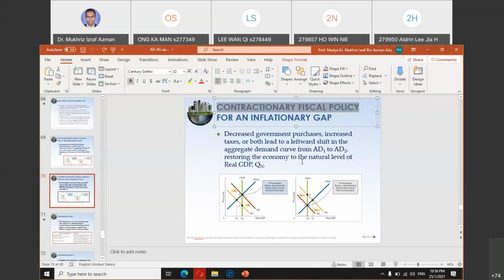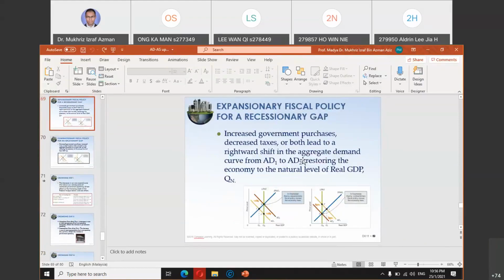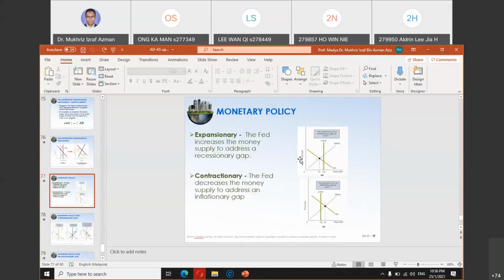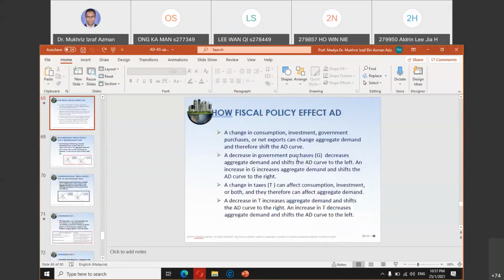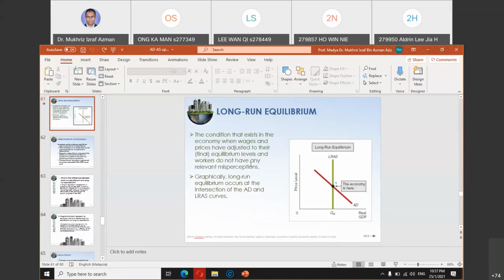So what else? Most of the questions from the last chapter have to do with why the short run supply curve can shift to the right or to the left, and what the meaning of equilibrium is. Long run equilibrium is when LRAS intersects with your aggregate demand.